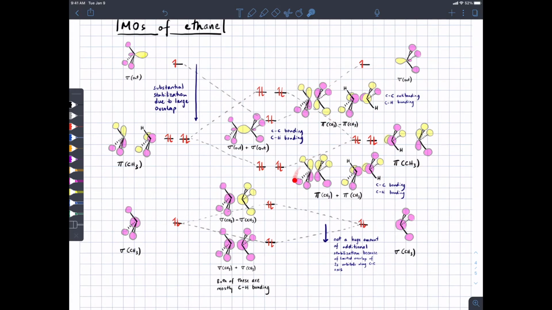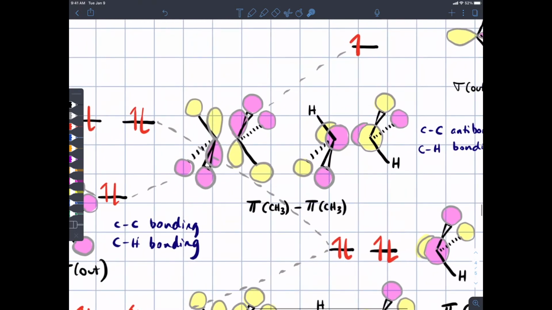So just as we got these from adding the two pi CH3s together, we get these two by subtracting one from the other. Zooming in to look at that, here's one of the pi CH3s, here's the other, and they're opposite in phase. But it's still a bonding orbital, because even though we would say it's carbon-carbon anti-bonding, you've still got favorable overlap in phase between carbons and hydrogens.